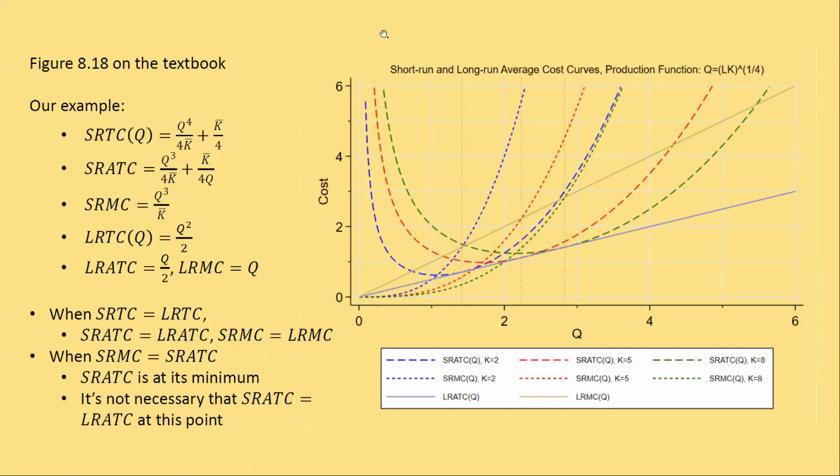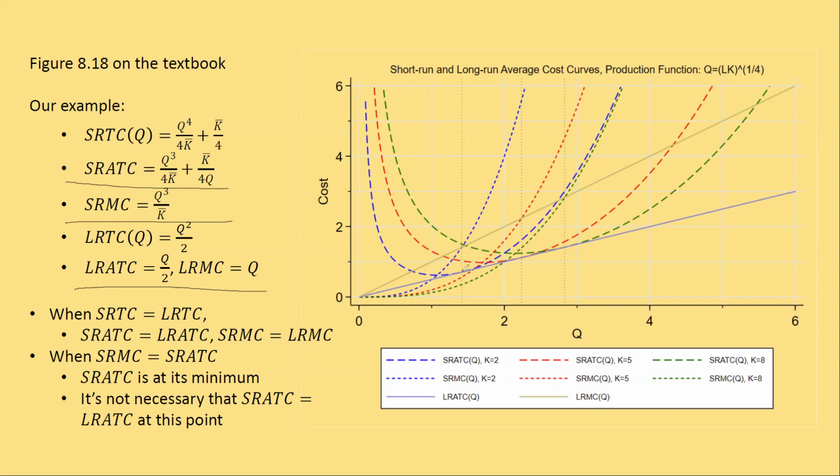And we also have the long run total cost, the long run ATC, and the long run MC. So I'm drawing basically those expressions on the graph on the right. Here I've also put three supplementary lines to help you see at what points those curves intersect. So I'm going to mark a few points that are important.